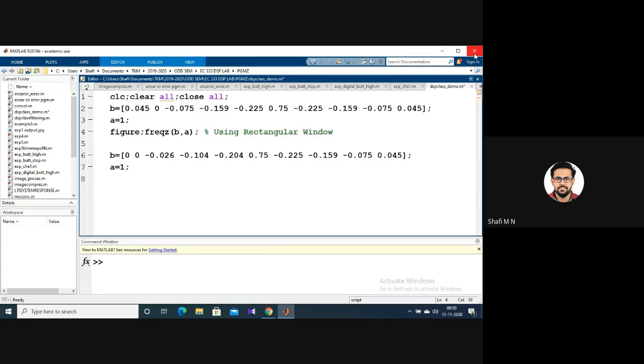Okay, then here 0.204, here 0.104, then 0.026, then 0, 0. Let's cross check. Is that okay? Yes, sir. Okay, so this design is using Hanning window. So you have designed it using Hanning window, H-A-N-N-I-N-G.